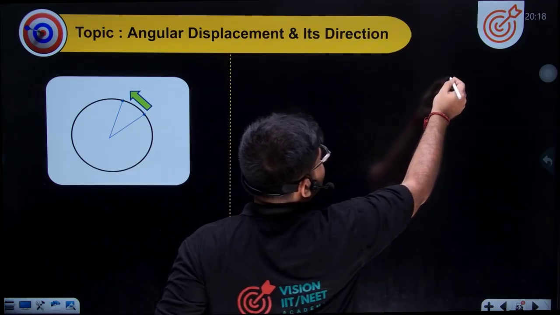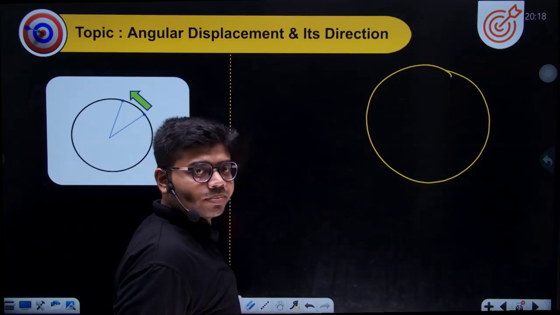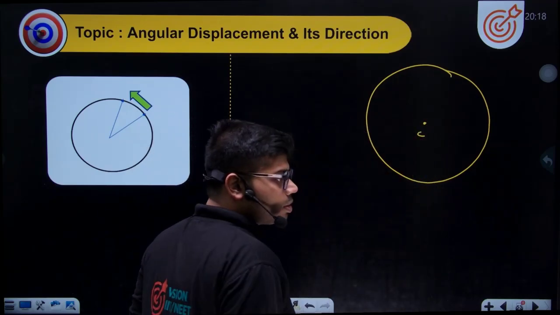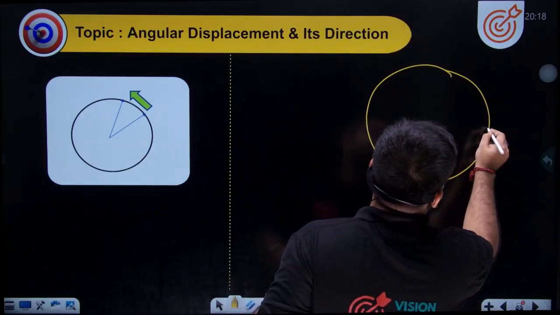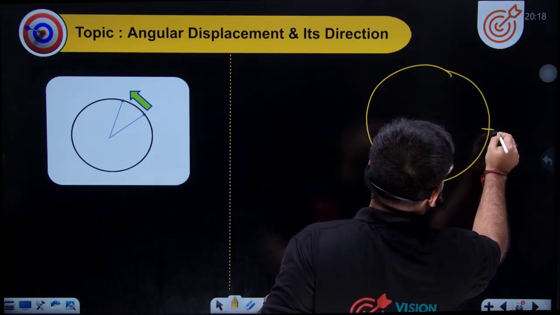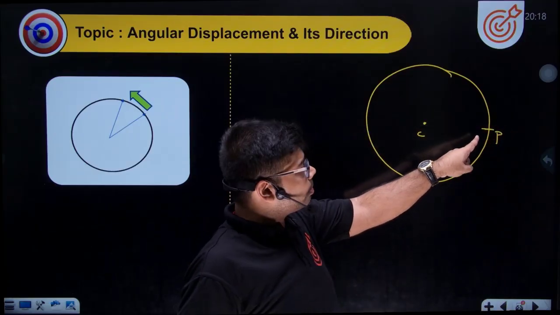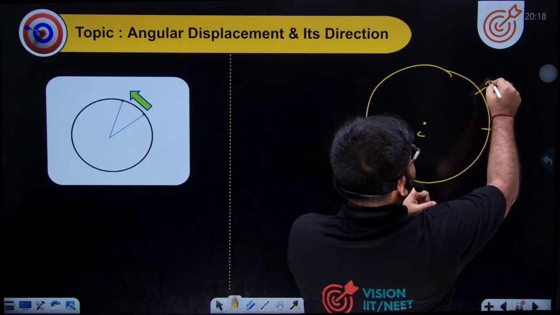I am drawing a circle here. Now this has got a center point C. Now suppose there is a particle P which is moving from this point. The particle is moving from P and it has moved to P dash.